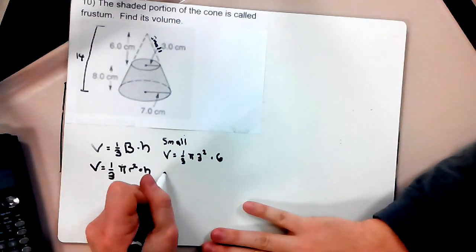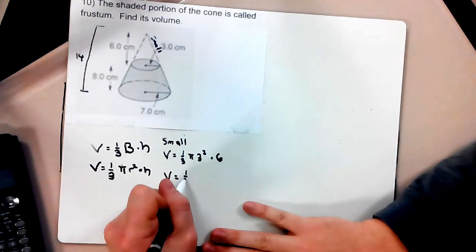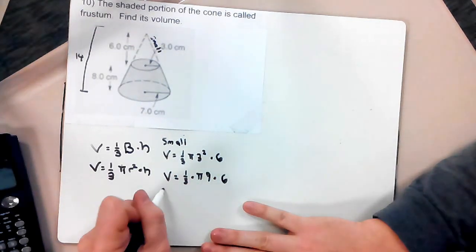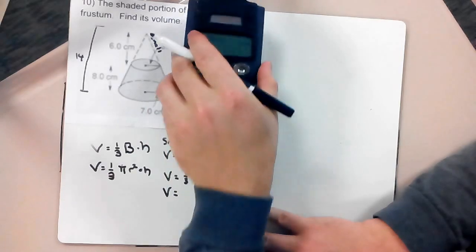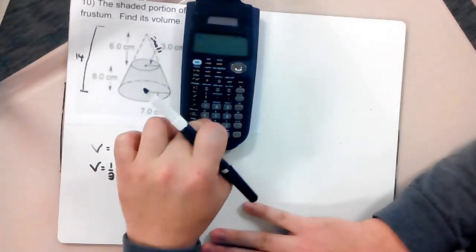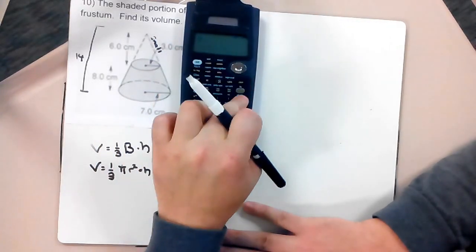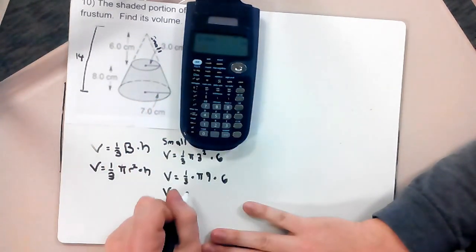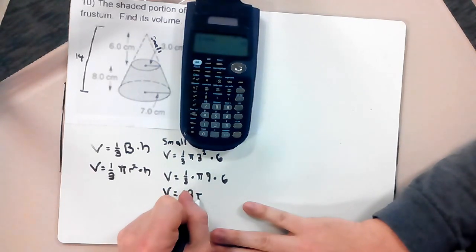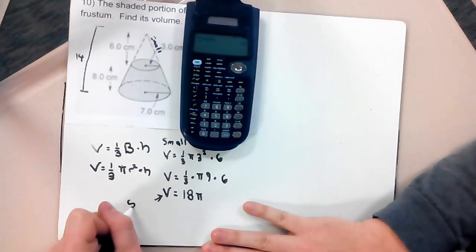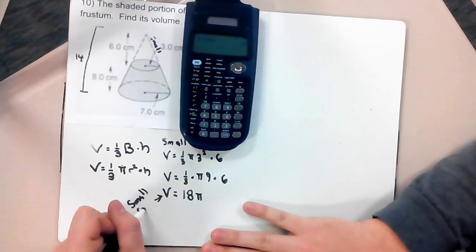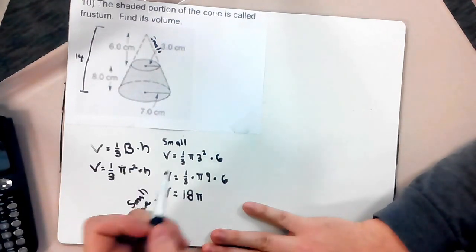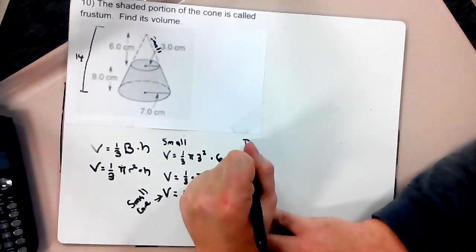So now I have V equals 1/3 times pi 9 times 6. I'm going to plug that all in together. So let's do that. 1/3 times 9 times 6. And I get 18 pi. This is the small cone. Now I have to find the volume of the big cone, or the whole cone. So let's find the volume of the big cone.